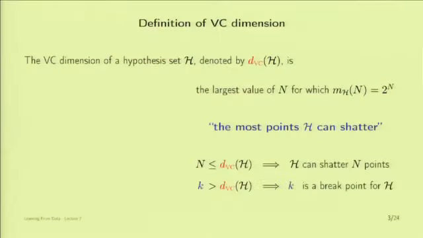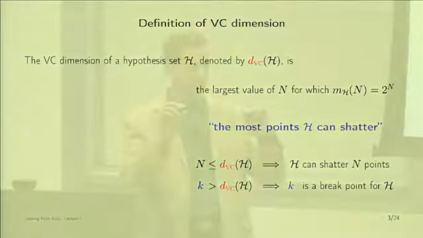So why is the VC dimension exactly k minus 1? When we define the breakpoint, we define that I can call k a breakpoint if I cannot get all dichotomies on any k points.